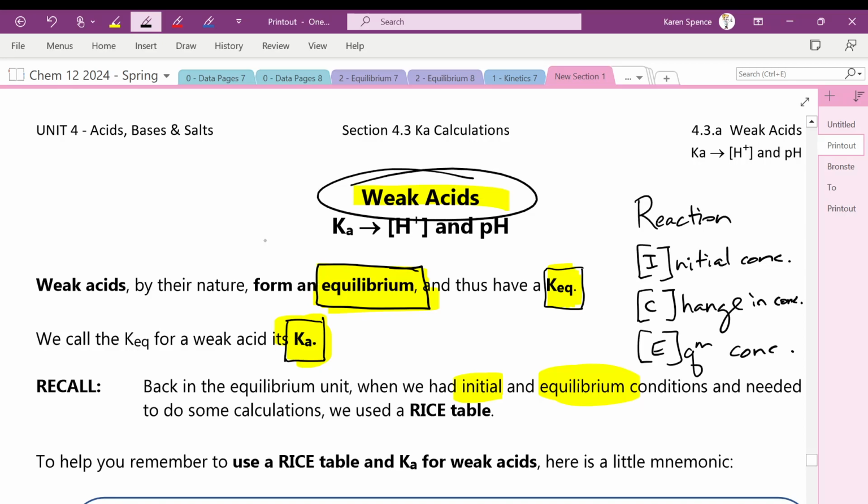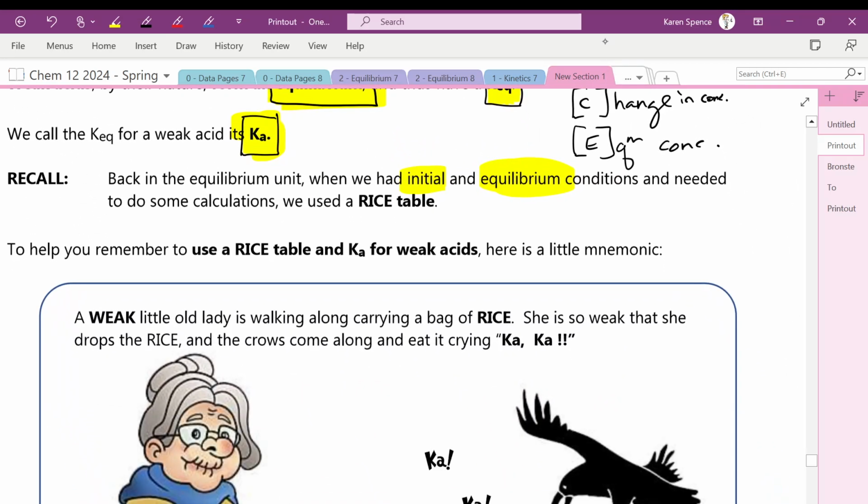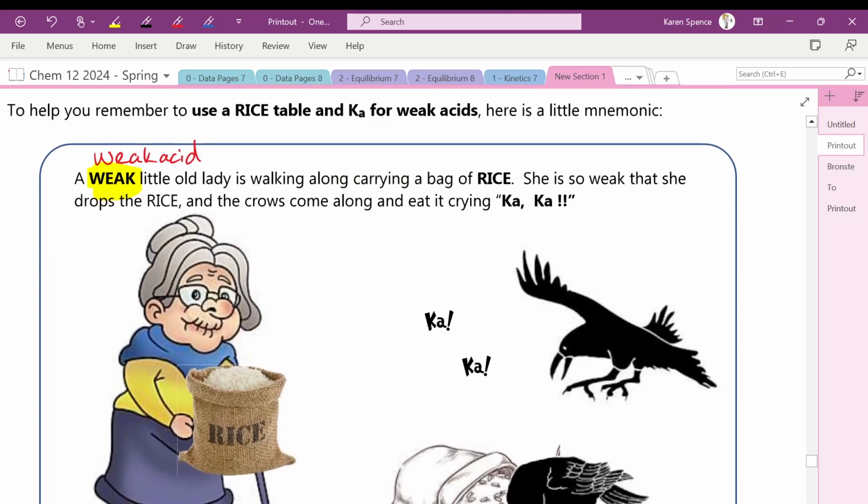Now, in order to help you remember this, if you have a weak acid, imagine you have a weak little old lady. She's walking along carrying a bag of rice. So what does that mean? It means you need to use a RICE table. Yes?